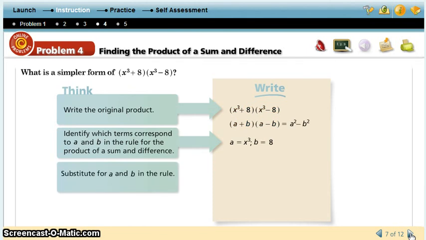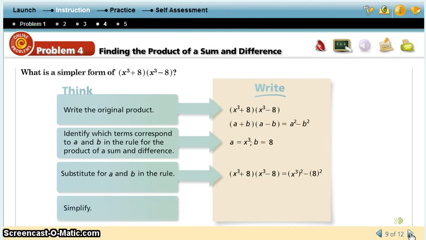Substitute for a and b in the rule. Now simplify. The product of these binomials is x to the 6th power minus 64.